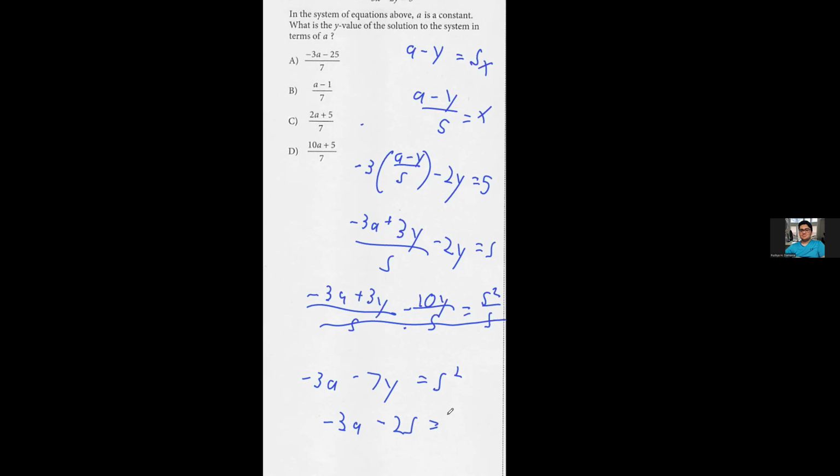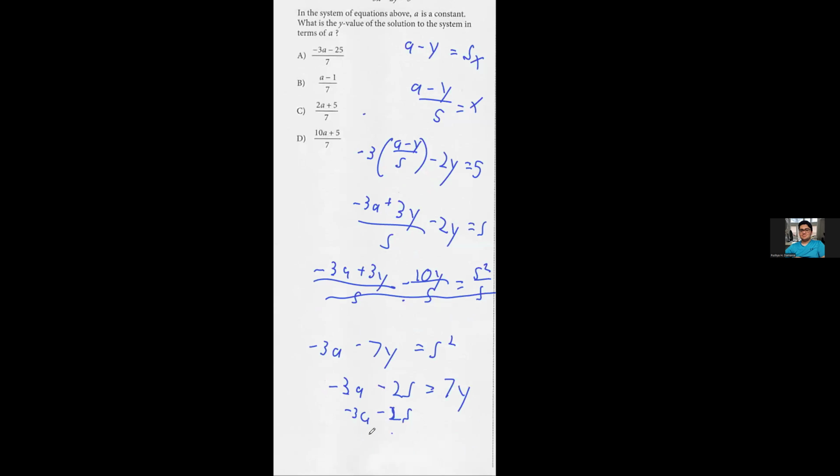Then we divide both sides by 7. So we'd get negative 3a minus 25 divided by 7 equals y. That means the correct answer is answer choice A.